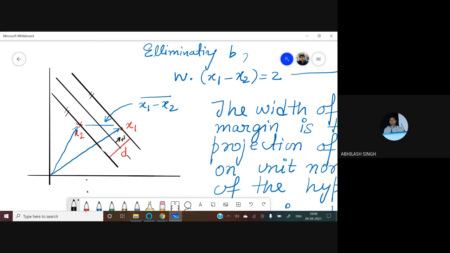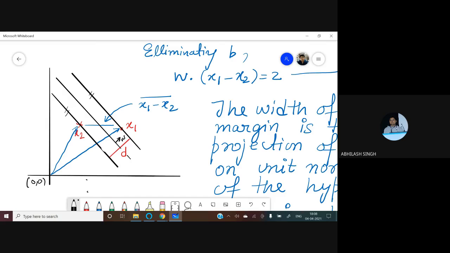So x1 is a point on one decision boundary, and x2 is a point on the other decision boundary, meaning x1 and x2 are the support vectors. As the name suggests, these two points are not just points, they are vectors, computed from the origin.